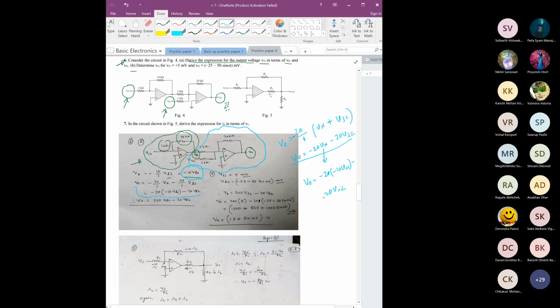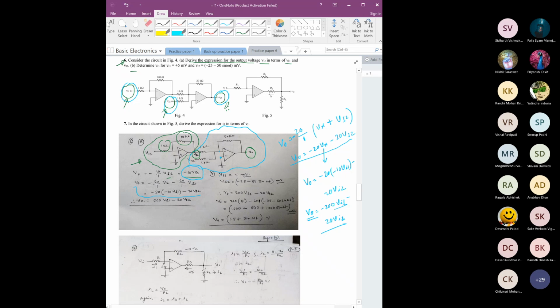So V output equals minus 200 Vi1 minus 20 Vi2. You can clearly see this is the relation between these two inputs and the output. It's quite simple. Though the circuit looks a bit bigger, the solution is pretty simple.